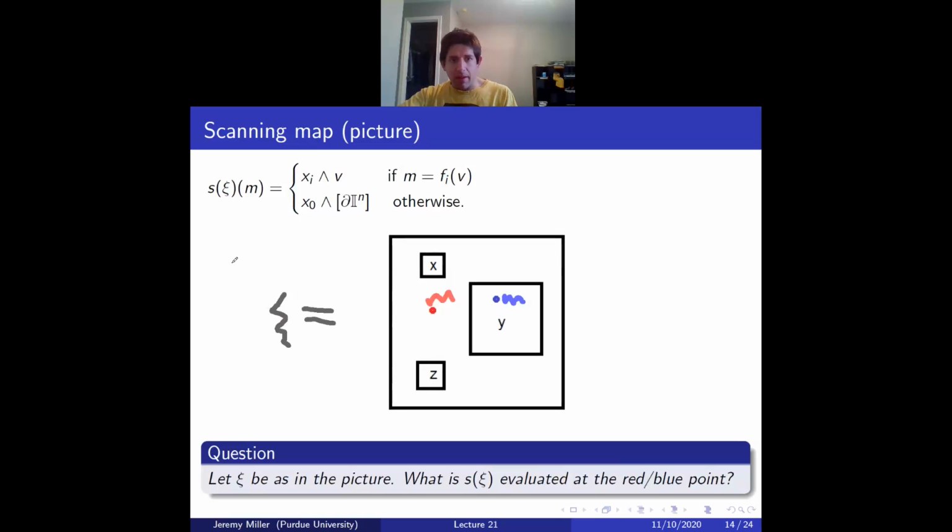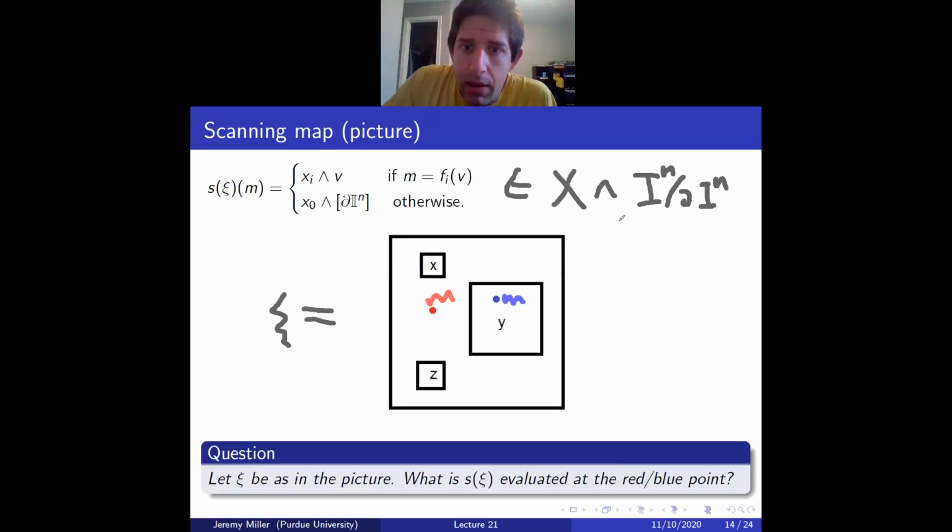The scanning map applied to this configuration of cubes is a function that inputs points in a cube, one of the red M or the blue M, and the output should be in X smash cube rel its boundary. So basically, given a point in M and this cube, we need a point in X and a point in the cube rel its boundary. Maybe I'll call the blue point N.